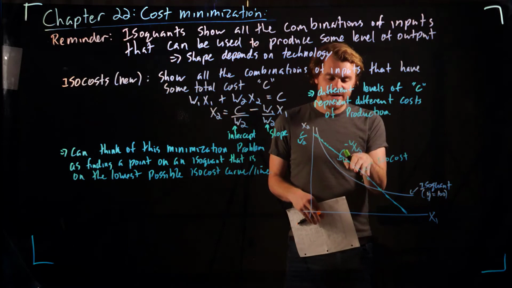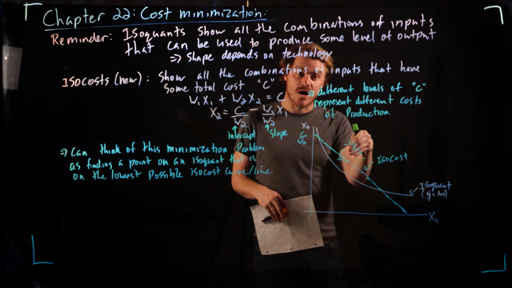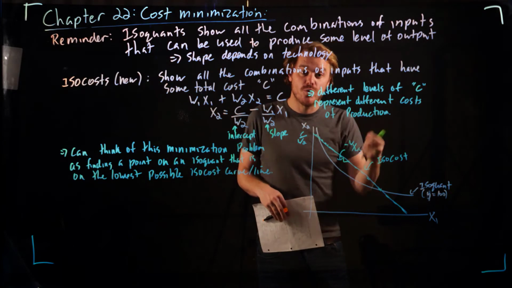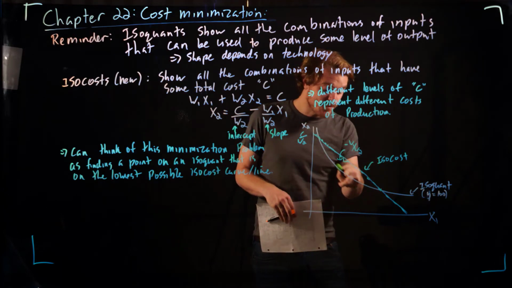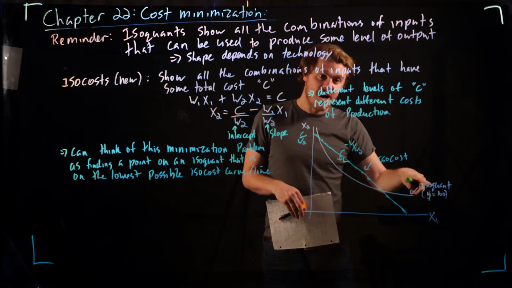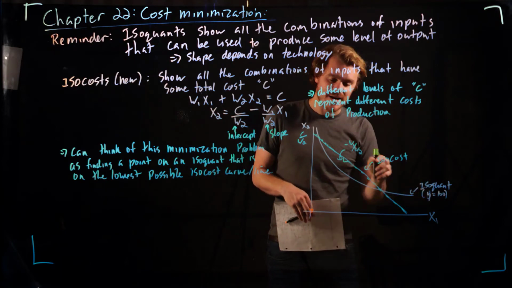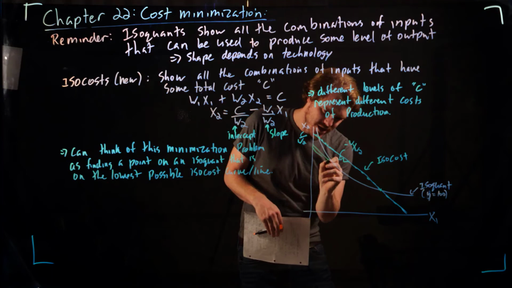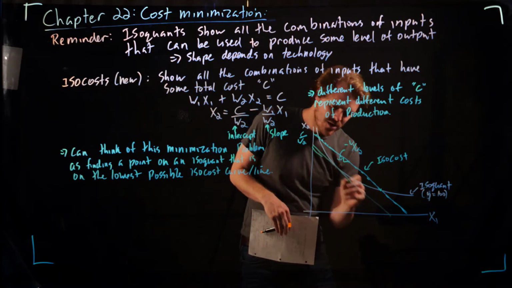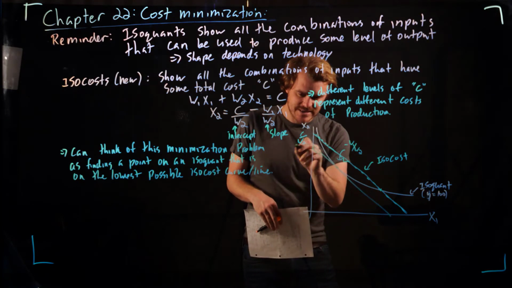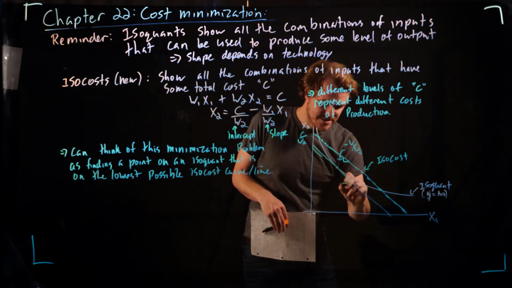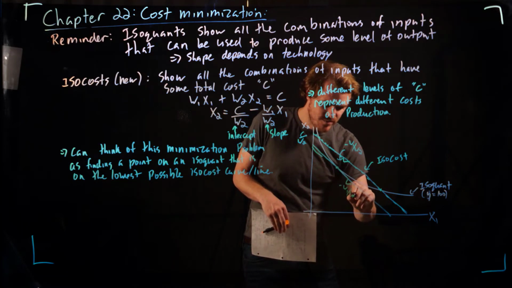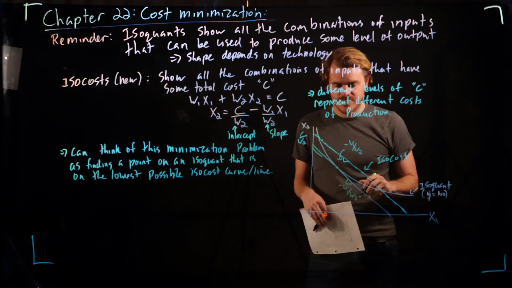But we can probably imagine there's some lower isocost, representing a lower total cost, where we can still produce this 100 output, or this level Y of output in general. The isocost line will just be a different, lower C, but it still has the same slope, negative W1 over W2.